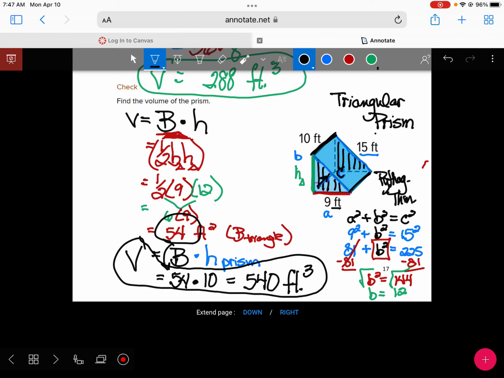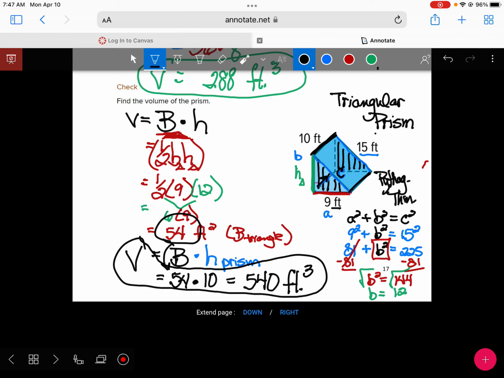Okay, so this is the same thing, only it's turned. And you have to talk about the height of the prism, not the height of your triangle. Does that make sense? There are two different heights. Height of your triangle, and then the height of the whole prism. Okay? Great question.